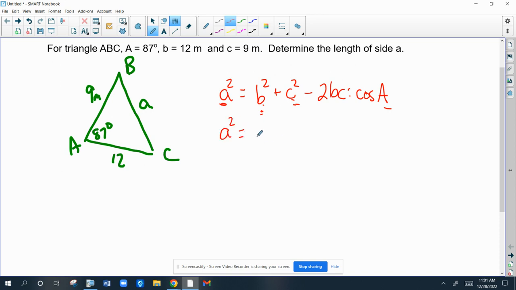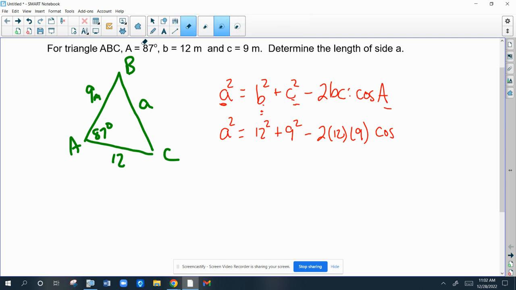So A squared equals B squared plus C squared minus 2BC cosine of A. Now, A is 87. What I would do here on the calculator is do as few simplifications as you can.